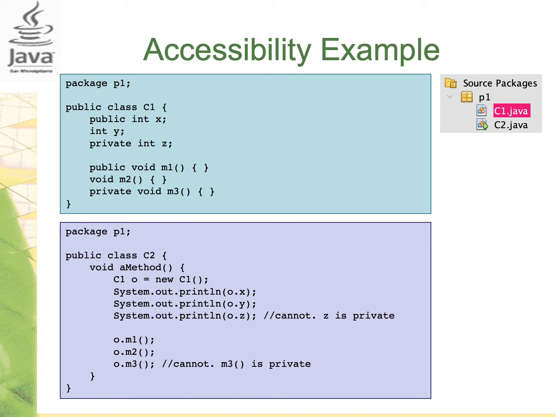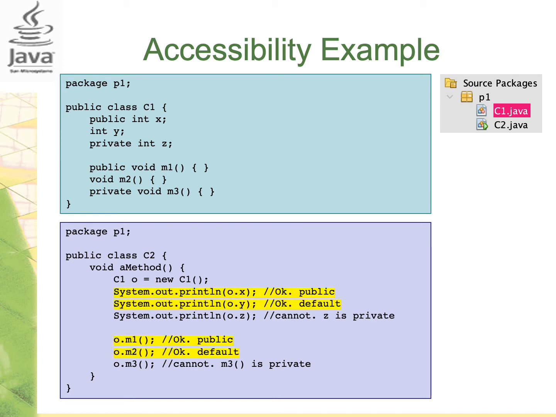In class C1, we have public int x, int y, where this means int y is the default type, as we do not write anything in front of it. And we also have private int z. For the methods, we have public void m1, void m2, which means m2 is the default type, and private void m3. All these methods do not do anything. That's why we have the opening and closing braces straight away.